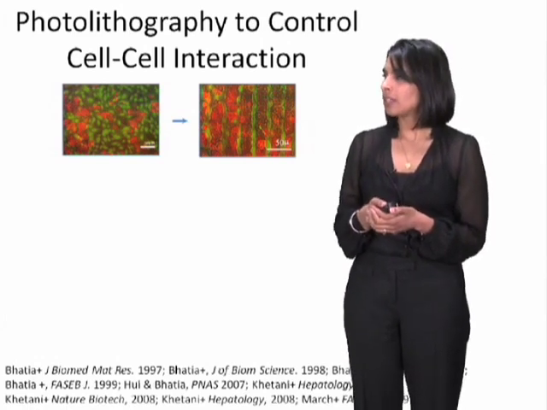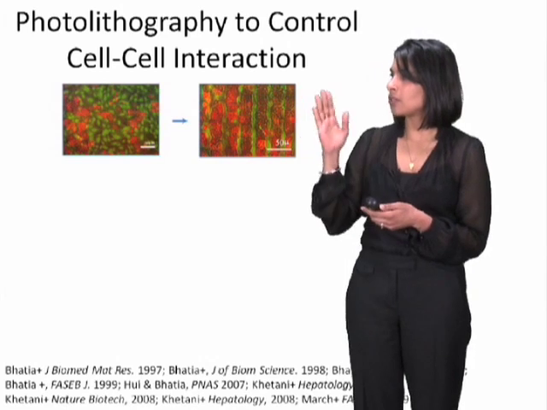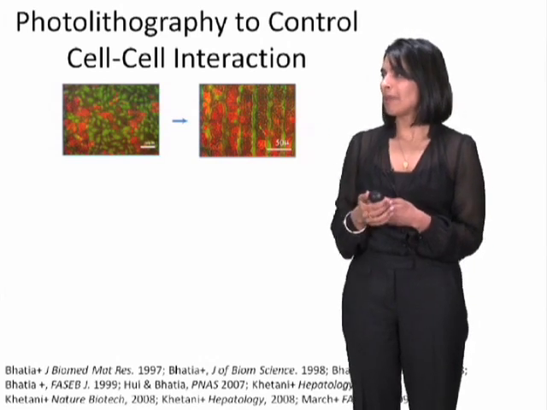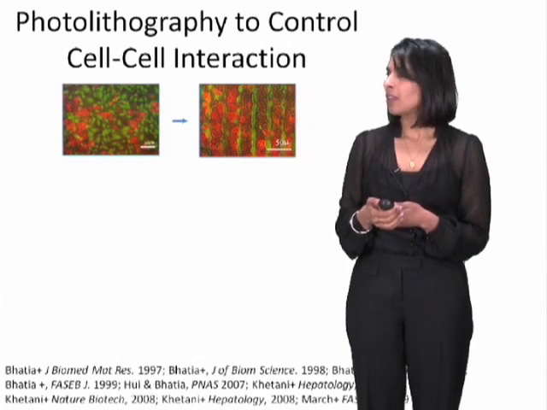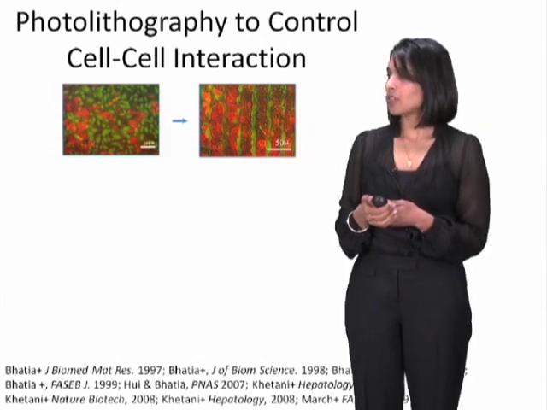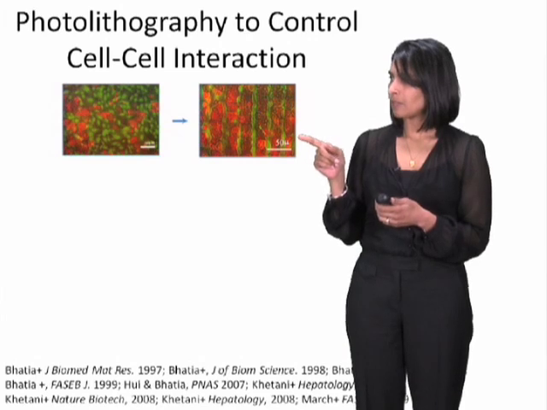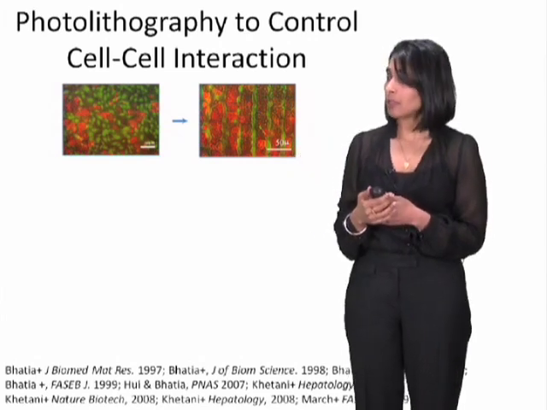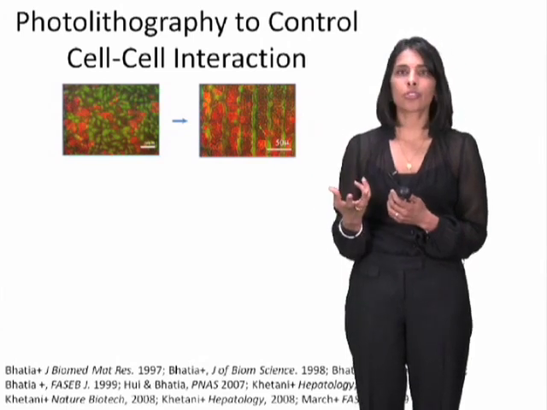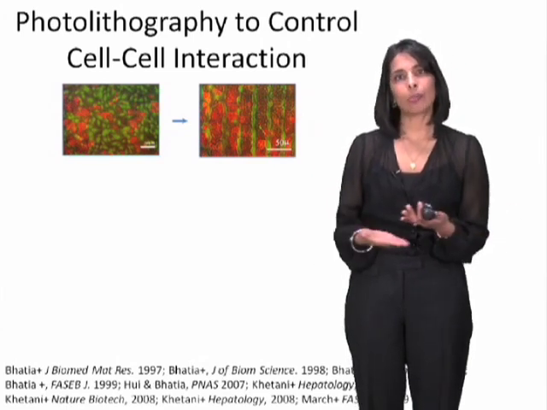That's shown here. In this system, we've used the same light-based systems to pattern collagen extracellular matrix on a glass cover slip. The hepatocytes, the liver cells of interest, stick on those spots, and then we can fill in the spaces with the supportive cells. In this way, we can control the architecture of the tissue in a 2-dimensional plane.